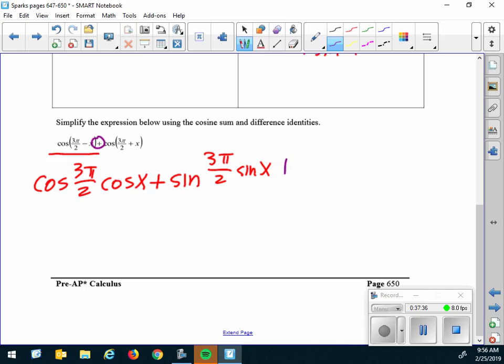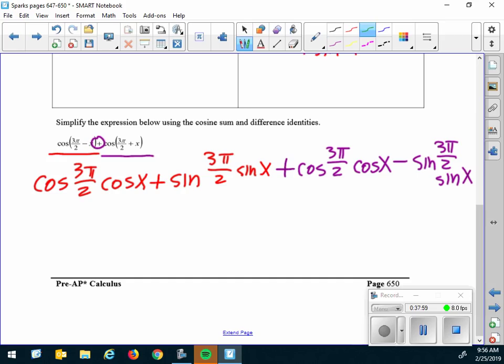Now, plus, we're going to do this one. Cosine with a plus, that's going to be cosine of the first, cosine of the second, minus sine of the first, sine of the second. It's just a lot of cleaning up.